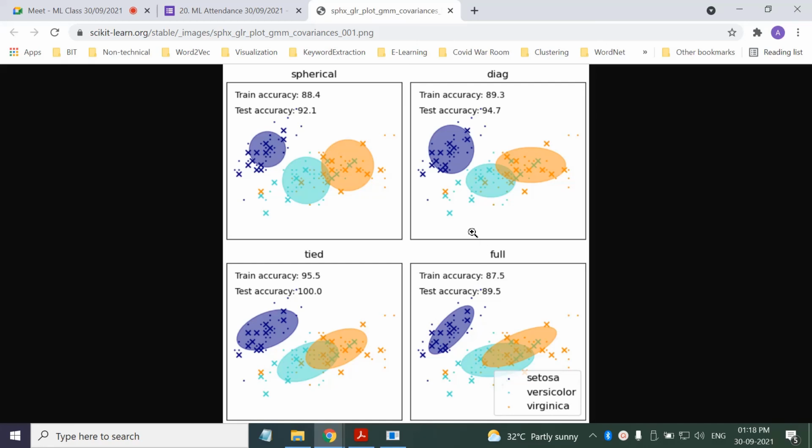Now what are the advantages of the Gaussian mixture model? It is observed that it generalizes well. We have seen K-means and agglomerative algorithms, they are very strict clustering algorithms. Whatever the trend in the training examples, they will capture it, but they may perform very poorly on the test samples.